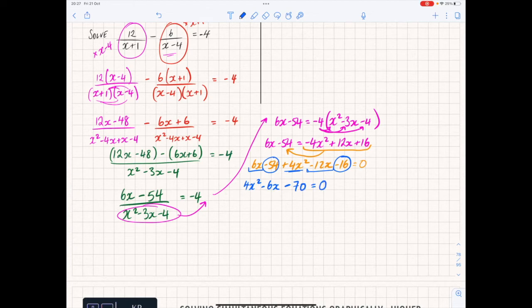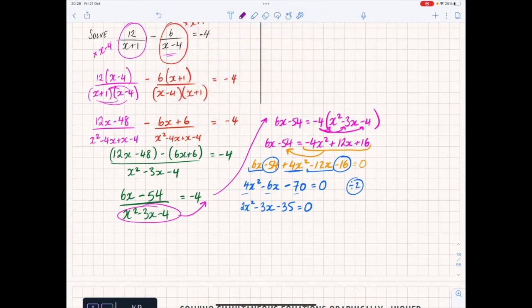Okay, now I've got a quadratic that is set up quite nicely for me to be able to solve. To make this a little bit easier for yourself, what you can identify is that these three values all can be divisible by 2. So I can just simplify this to 2x squared minus 3x, and then this will become minus 35 equals 0.